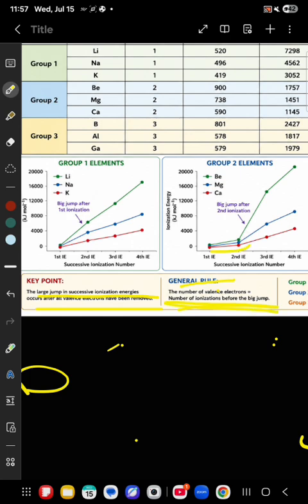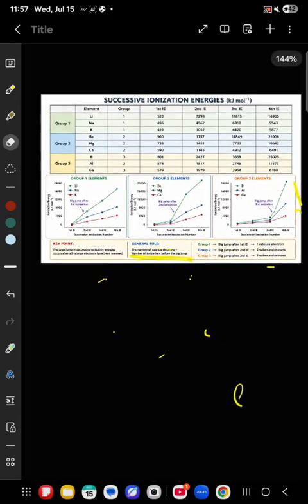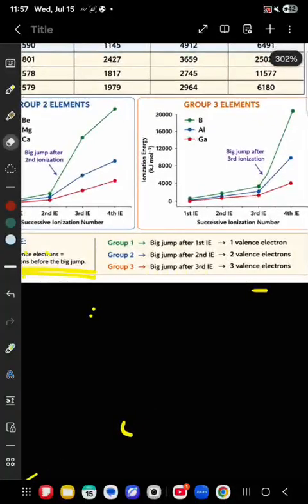So the number of ionizations before the jump shows how many valence electrons were present. As I told you, for group 1 the big jump is after the first ionization energy, for group 2 after the second, and for group 3 after the third ionization energy.